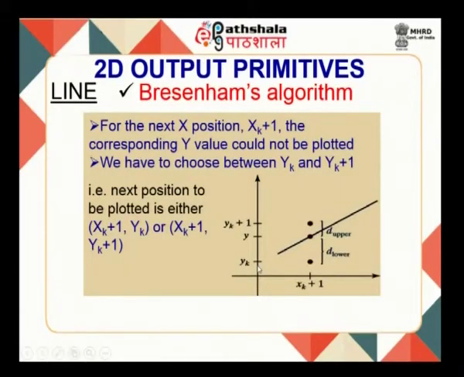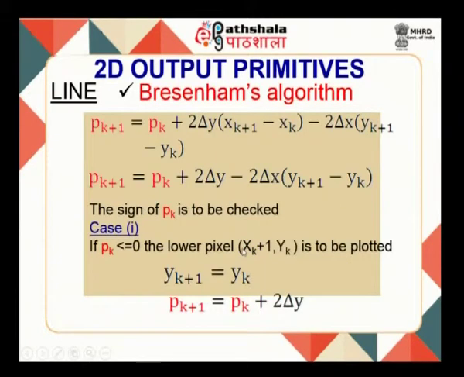If you remember the first graph, yk and yk plus 1 are to be decided, and which of these two is chosen depends on the sign of the difference of d lower and d upper. So, if d lower minus d upper is less than 0, this pixel is closer. So, we say that yk is the y coordinate to be chosen for the next y. So, that is what we have done here.